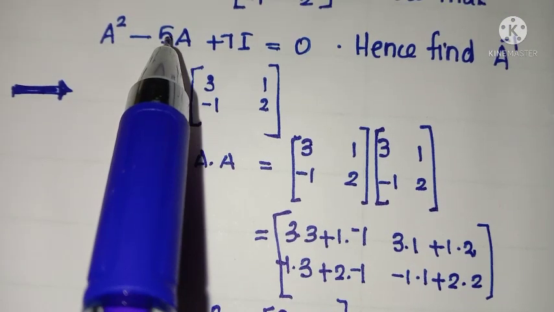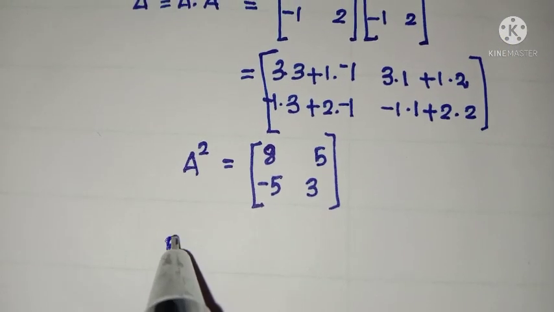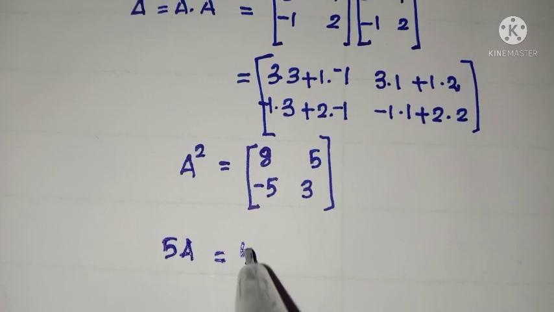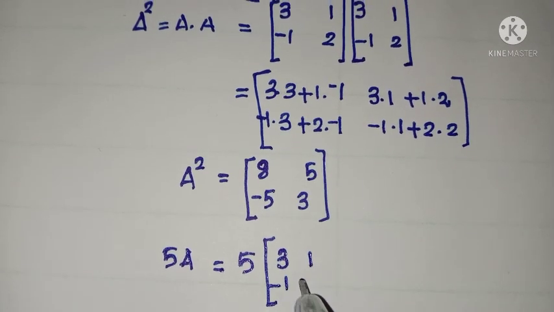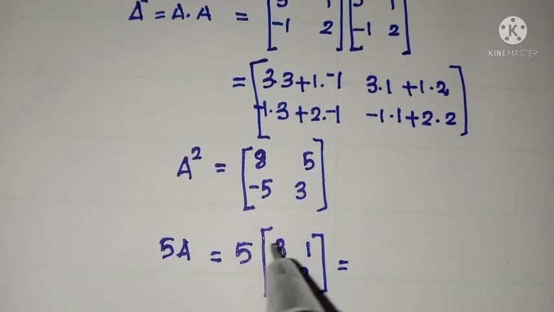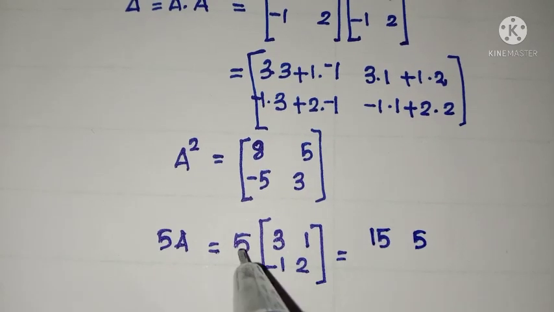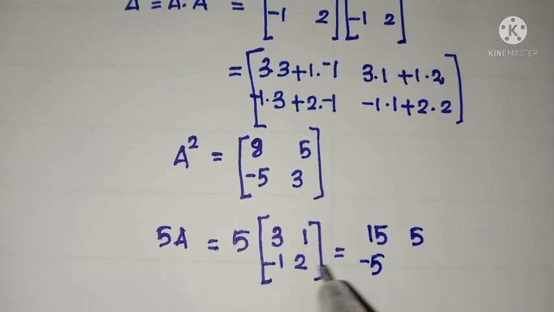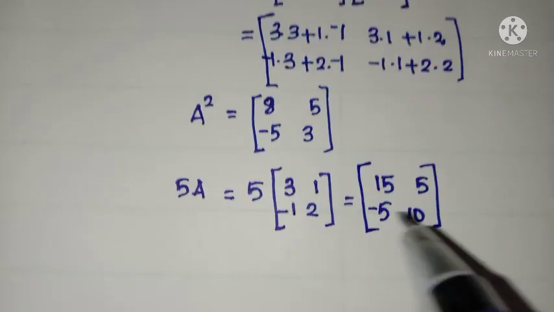Now, look at here, 5A. Matrix 5A means 5 into the given matrix, that is 5 into matrix 3, 1, minus 1, 2. Multiplying by a scalar, 5 into 3, 15, 1 into 5, 5, minus 1 into 5, minus 5, 2 into 5, 10. So, this is the matrix 5A.